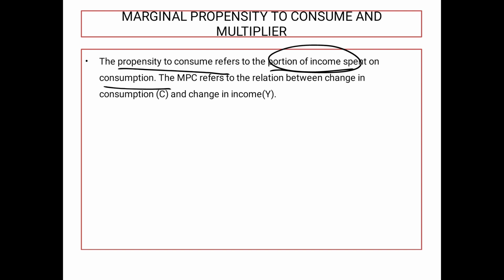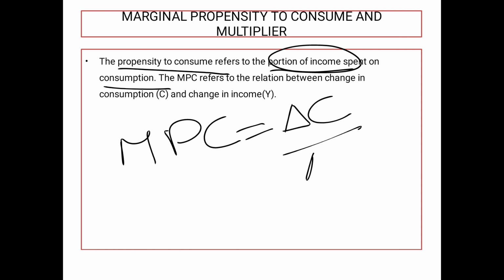MPC is equal to change in C by change in Y. Previously we have seen average propensity to consume, marginal propensity to consume, average propensity to save, and marginal propensity to save. Here the formula for marginal propensity to consume is change in C by change in Y.